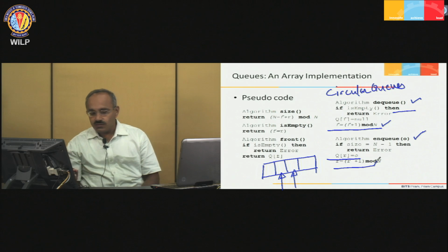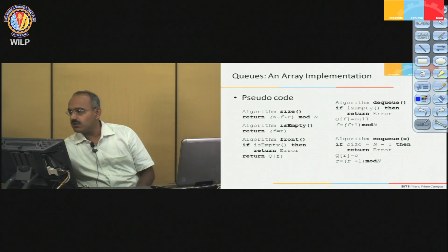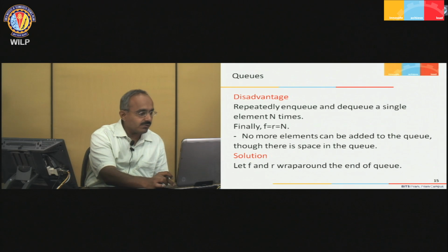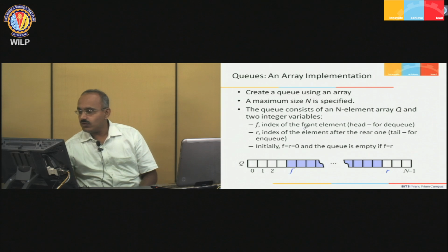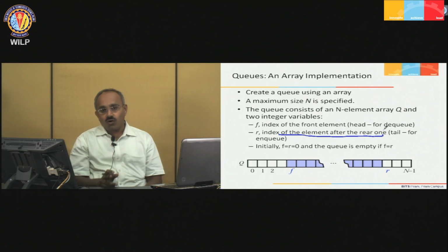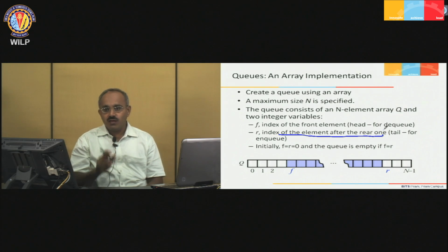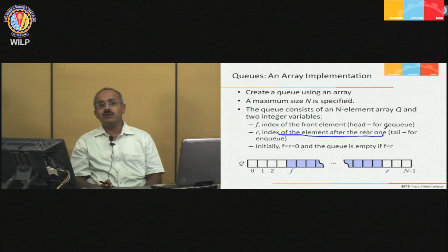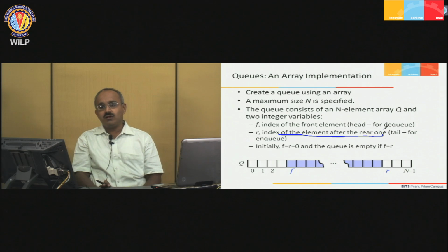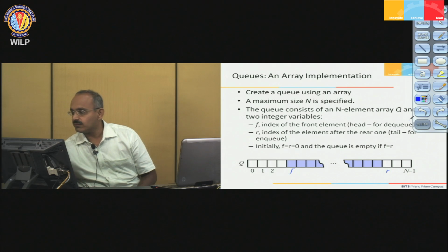So be careful to remember that your R is always pointing to the space where you can actually insert, or where you can enqueue an element. R never points to the index of the last element, but to the next available space in the queue. This point has to be remembered when you write your implementations.